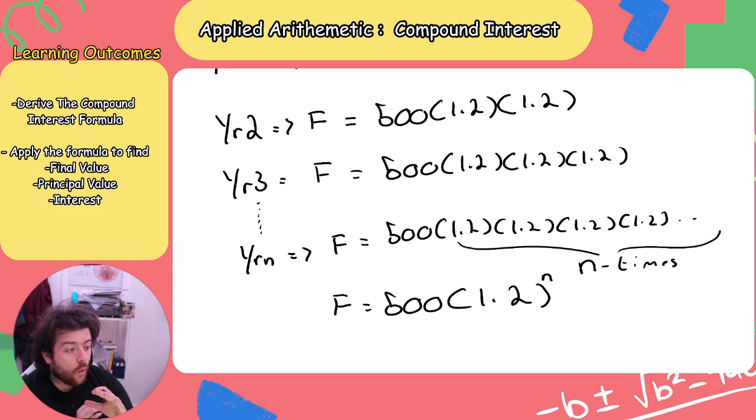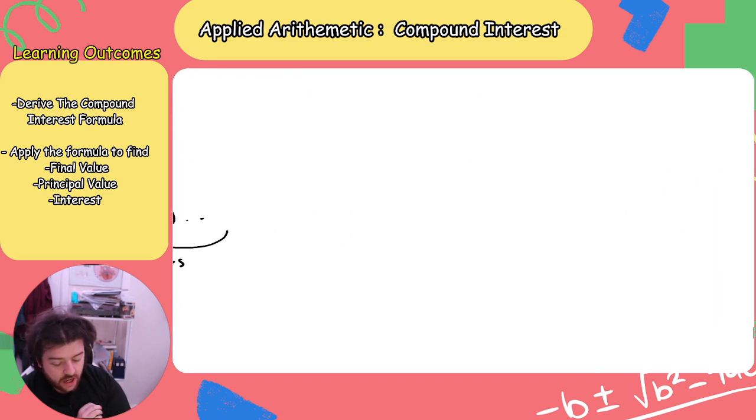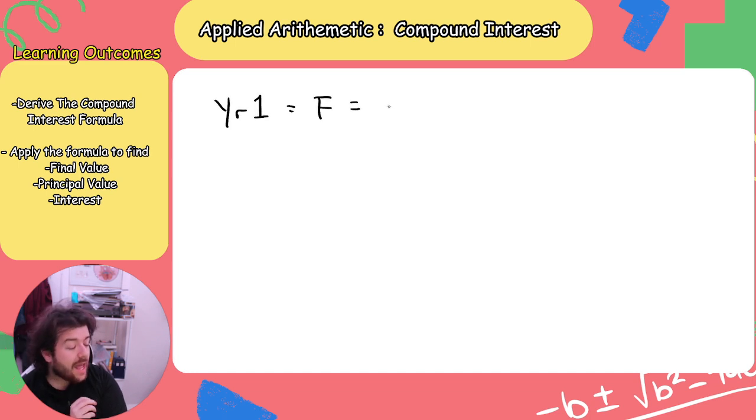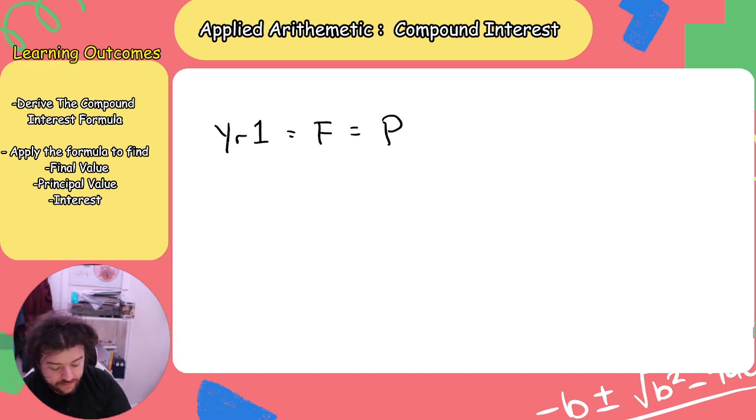So let's now apply this more generally to this case. So I have a final amount of money. I'm trying to find the amount of money I'm going to have at the end of a certain year period. So this is year one. So I have a certain amount P. This is going to be known as my principal value, right? So this is my final value.